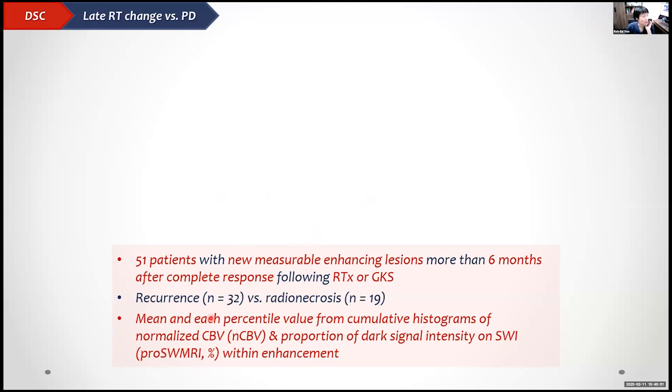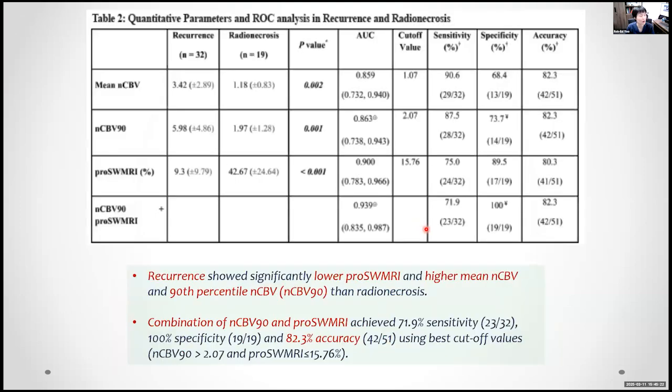So anyway, it was also tested in 50 patients who had new measurable enhancing lesions more than 6 months after complete response following radiation therapy. This study analyzed the normalized CBV value and the proportion of dark signal intensity on SWI within the enhancing portion to see how they performed in the differential diagnosis of late stage radiation necrosis and progressive disease.